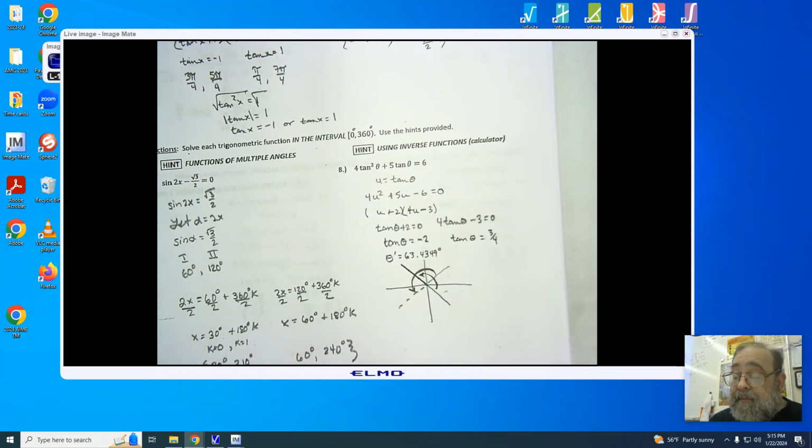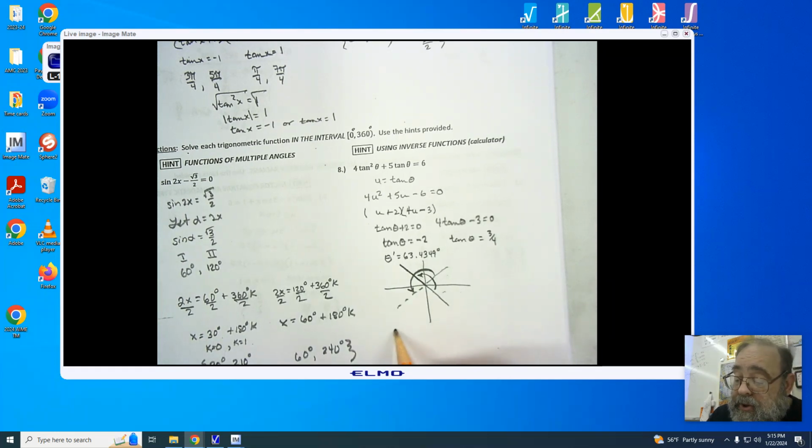Well, if that's my reference angle, I'm going to simply take the negative and add pi, or 180. I end up getting my first solution, theta 1. Theta 1 is then approximately 116.5651 degrees. I'm now going to add 180 again.